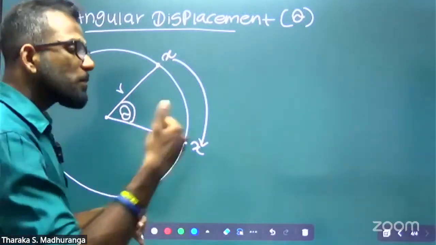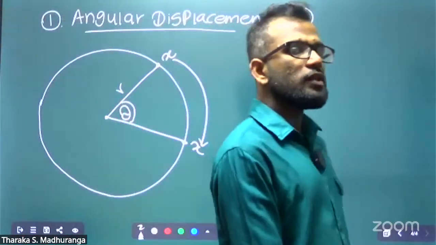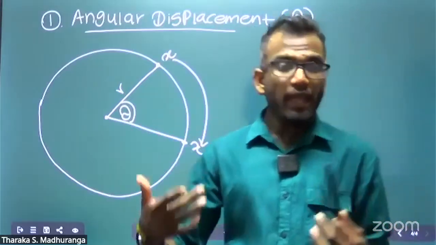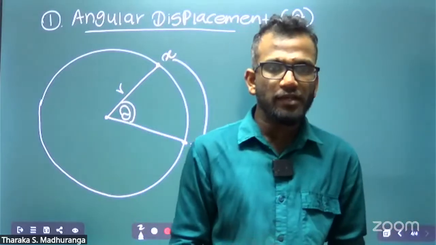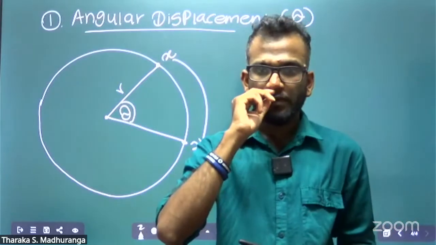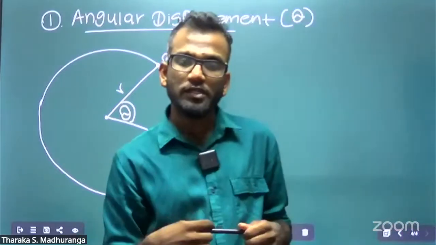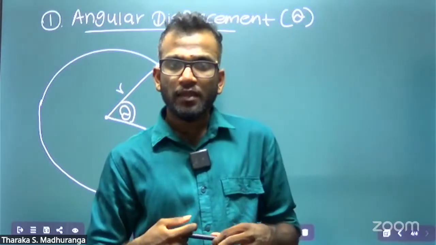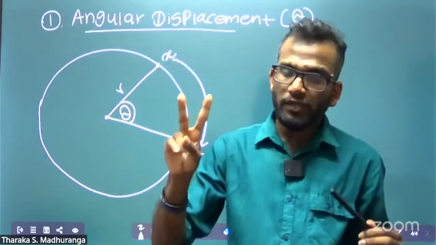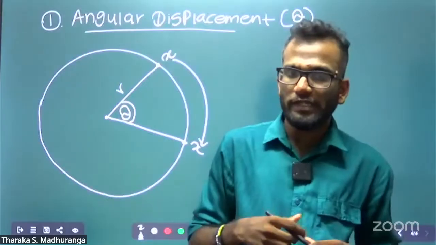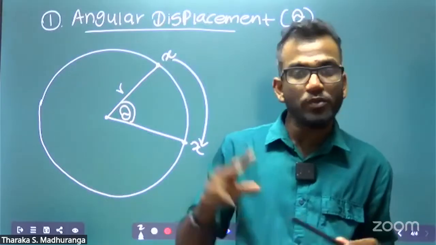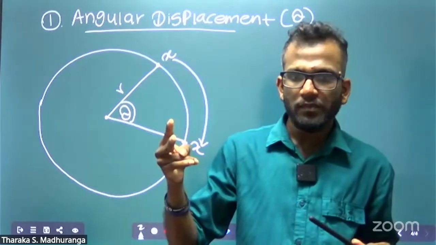The other problem is, I told you, to measure angles we have two units. What are the units we used in the previous lesson to measure angles?